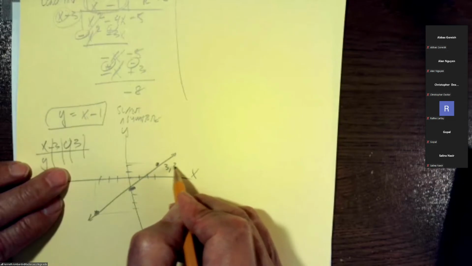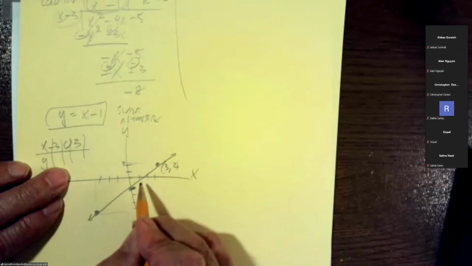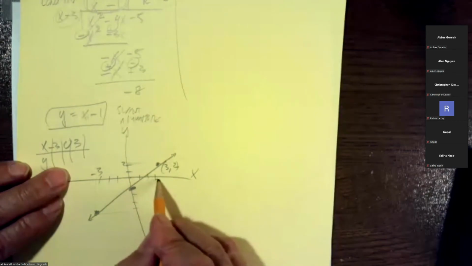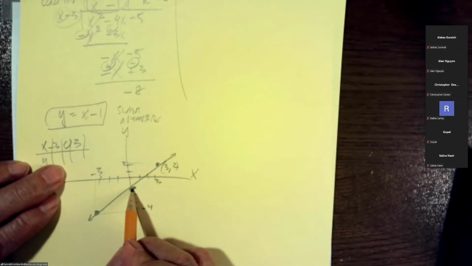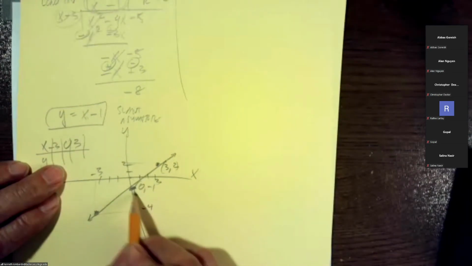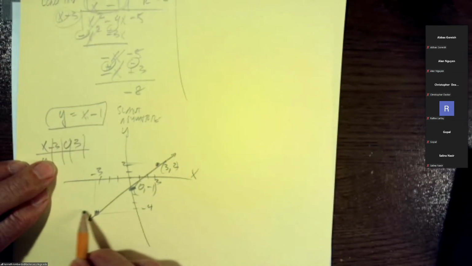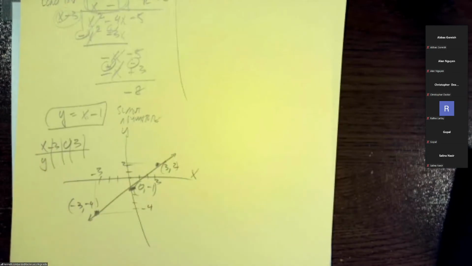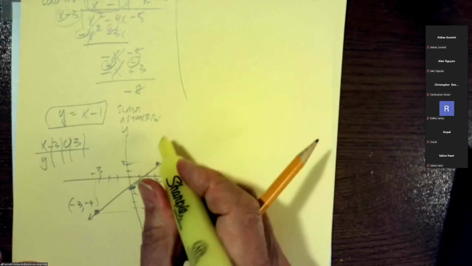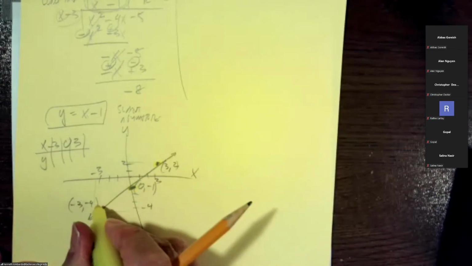From 3 and 2. That's that point. Here's 2. Here's -3. Here's +3. -4. This was at point 0, -1. And this is at point -3, -4. So my points are here, here, and here.